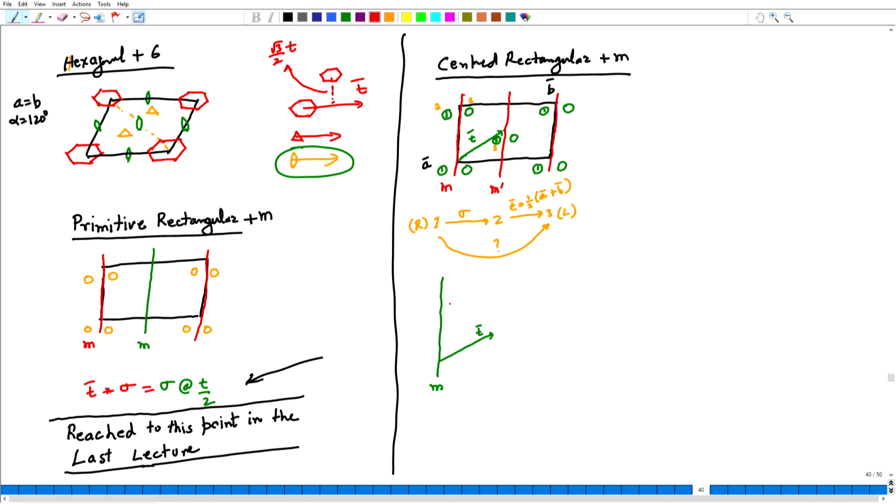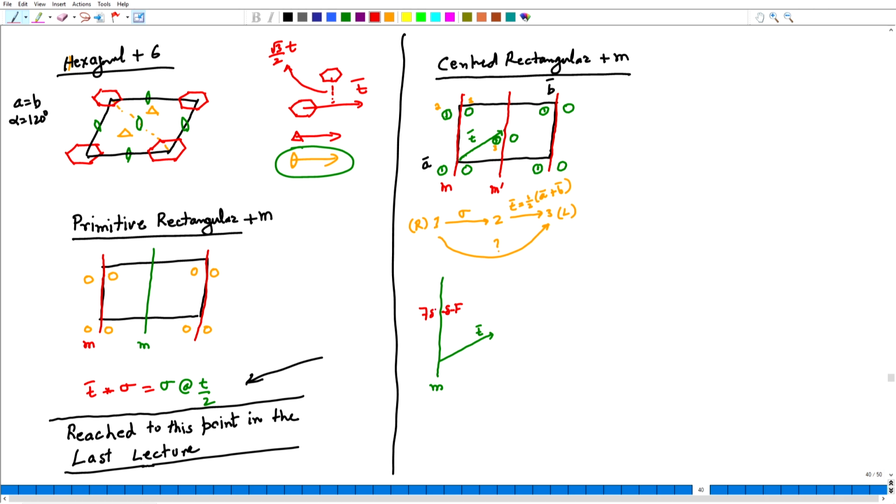Let us start with my asymmetric motif that I have used very often. Let us say this is at a distance of delta from the mirror plane. It reflects into a left-handed motif, and this left-handed motif will also be at a distance of delta from the mirror plane.